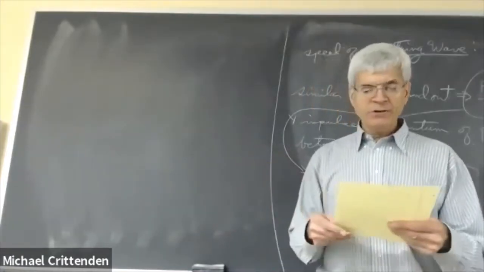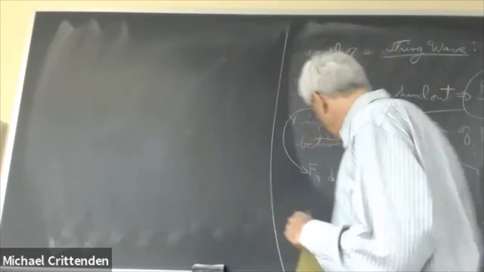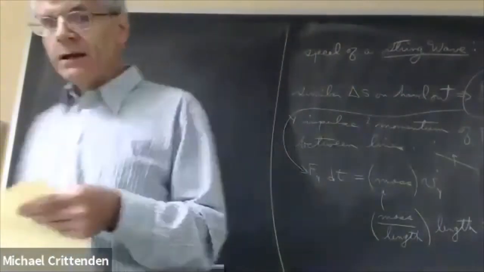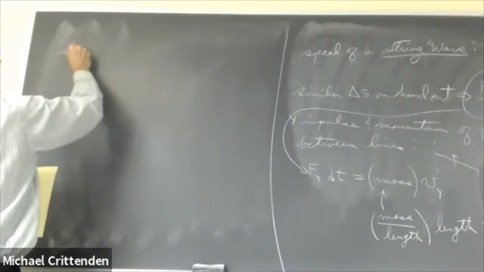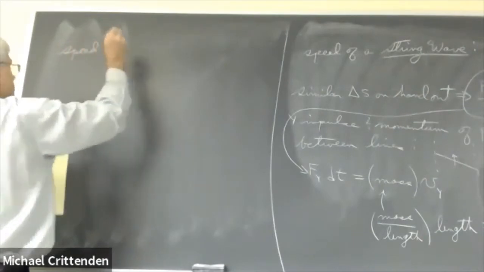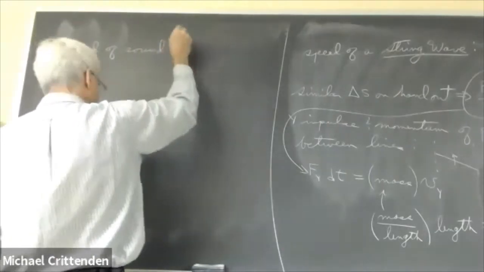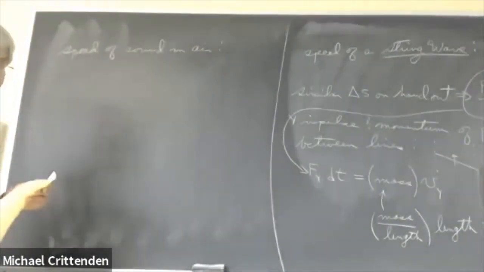But anyhow, I'm just kind of throwing that in as a little footnote. The only thing we're going to worry about officially in this course is the speed of sound in air.